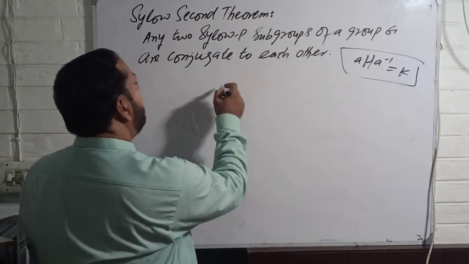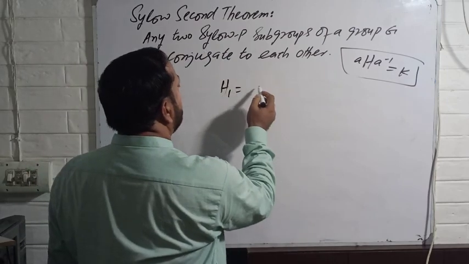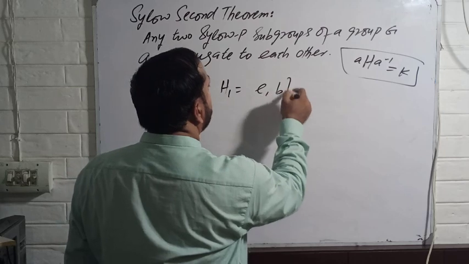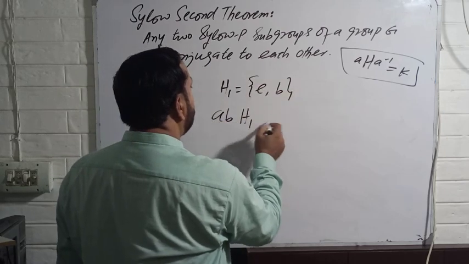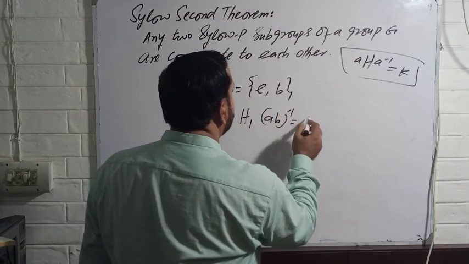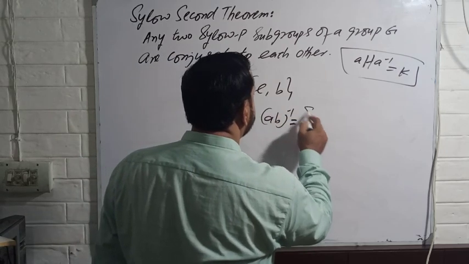So my H1 was {E, B}. If I multiply AB H1 (AB) inverse, then what will happen?